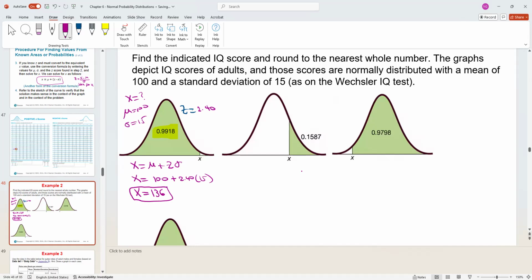But here would be different because we are on the right. When you are on the right, you should always subtract from 1 the probability found.